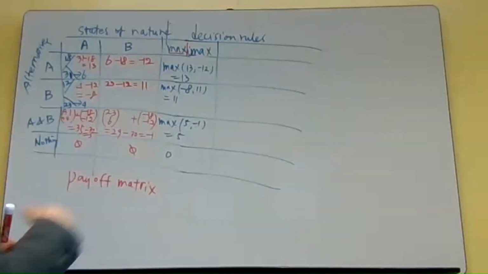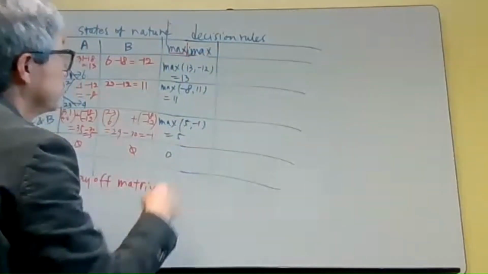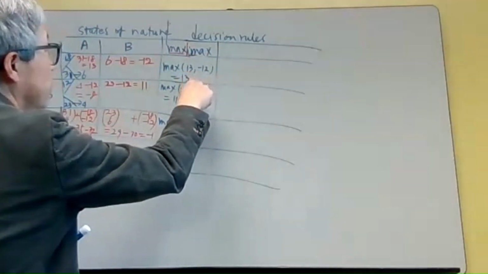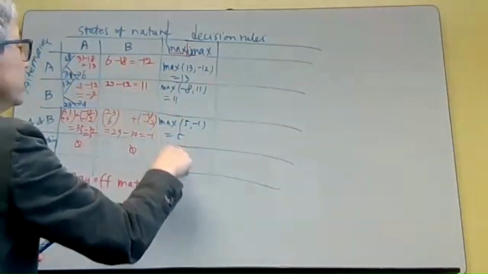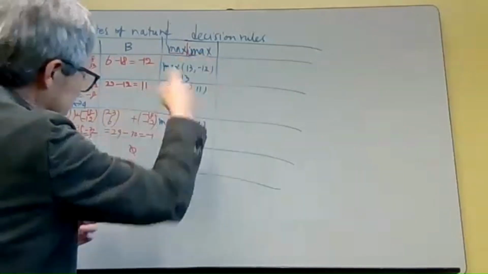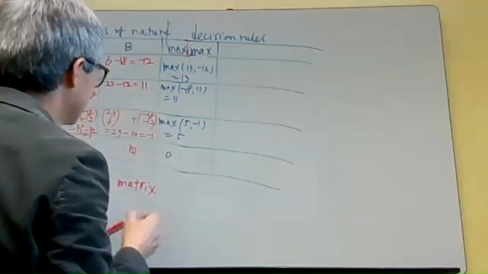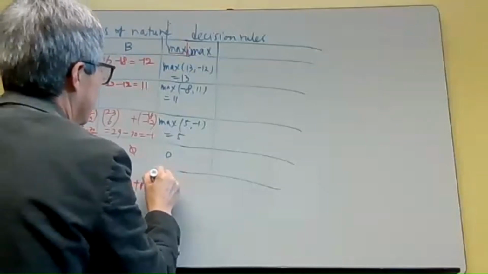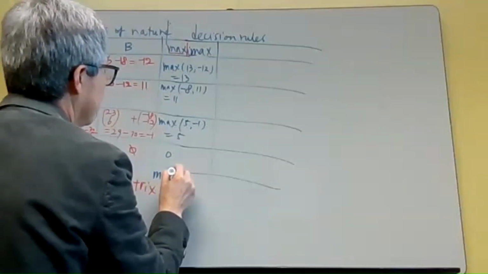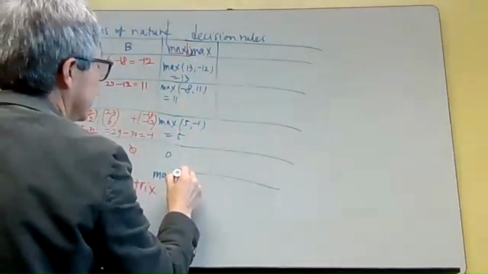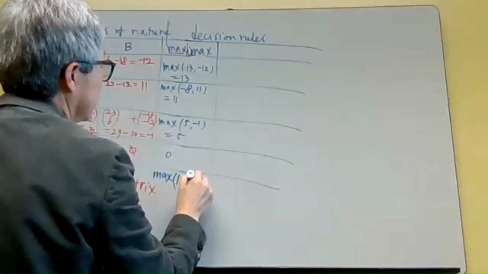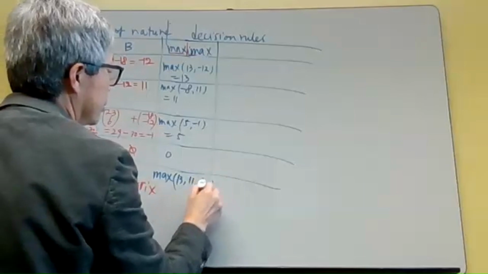So for these max decision rules, now we have a maximum payoff for each alternative. Then we're going to find the max of the payoffs: 13, 11, 5, and 0.